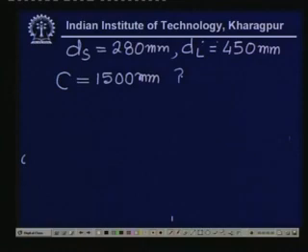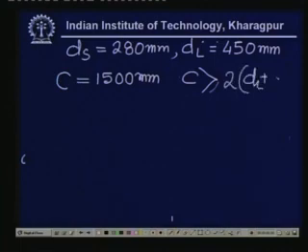Normally, if the center distance is more than, or not very near to, 2 times (dl plus ds), it is a good choice.